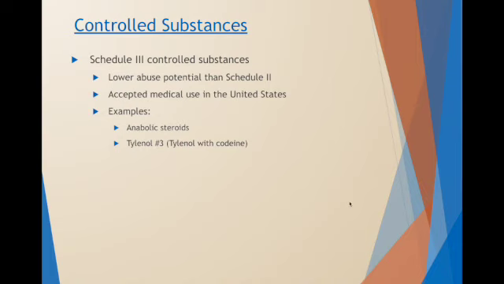Schedule 3 medications tend to have a bit lower abuse potential, but still have an accepted medical use. Things like anabolic steroids, or you might have heard of Tylenol with codeine. The codeine element of that is a lot lower on the abuse potential scale, and that sort of drops it into the Schedule 3 class. Schedule 4 has even lower abuse potential, but accepted medical use.